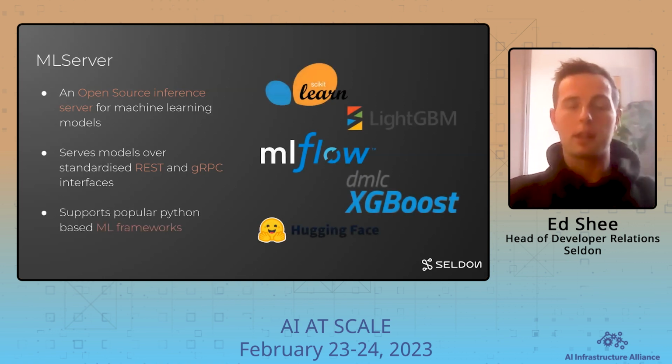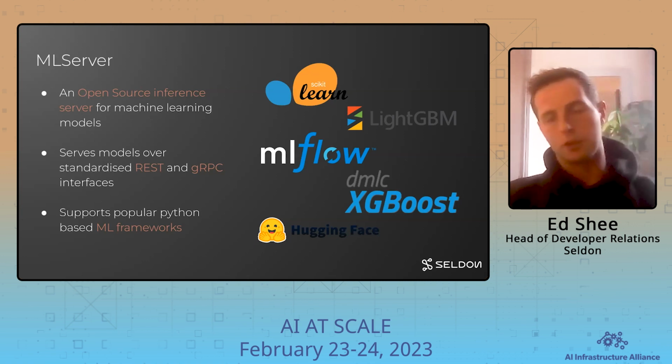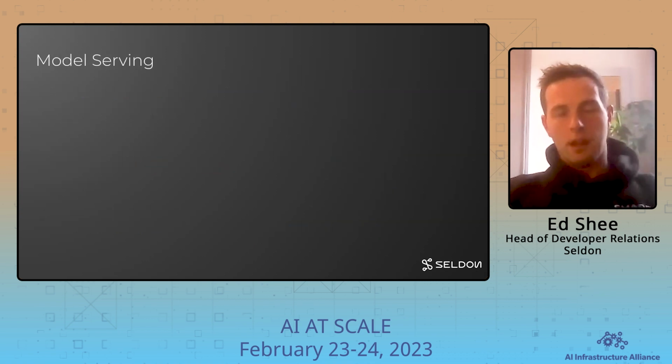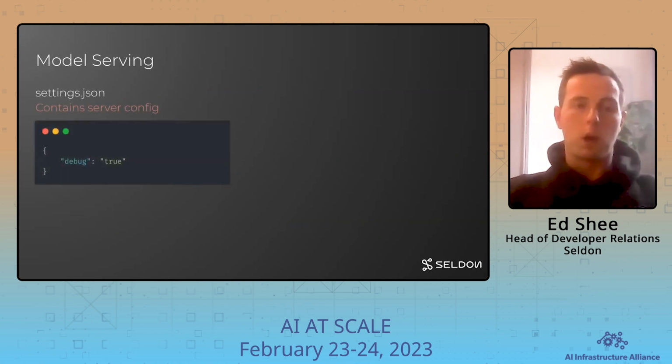The other thing that MLServer does is support all of the popular Python-based ML frameworks. So if you want to run an MLflow model, you can run it with MLServer. If you want to run Hugging Face, Runtime, XGBoost, etc. In terms of the way it works, there are a couple of things you need to provide to the MLServer library.